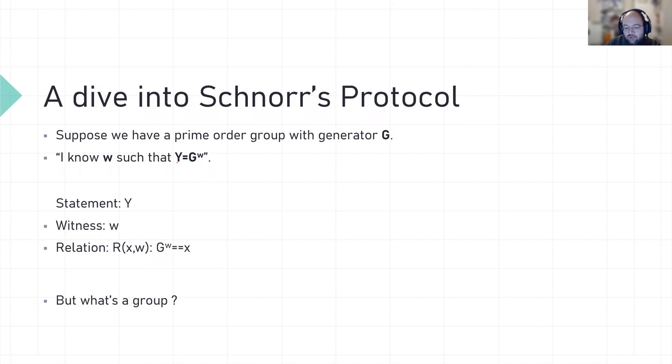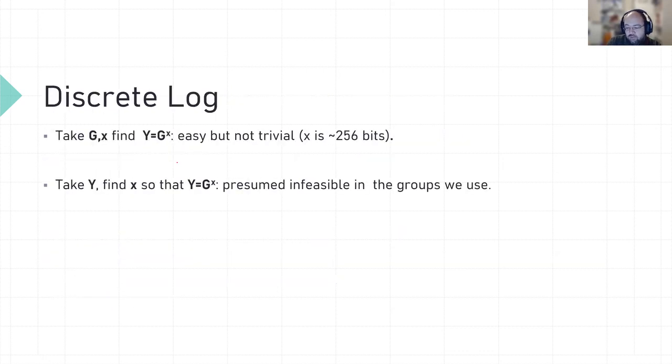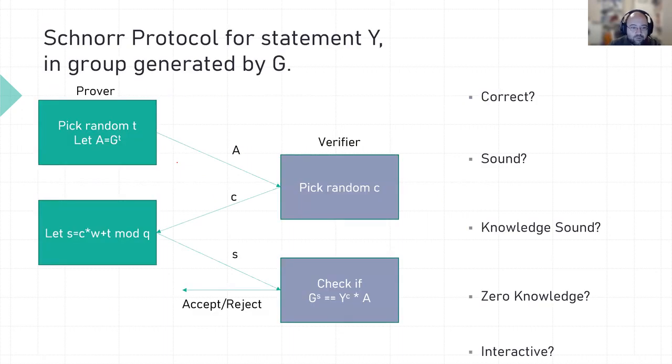So given a random public key, finding out the secret key is presumed infeasible because of the discrete log problem. But if you are the one who created the public key, then it stands to reason that you actually know what the secret key is. So how do we prove to somebody that we know the discrete log of Y with regards to G?